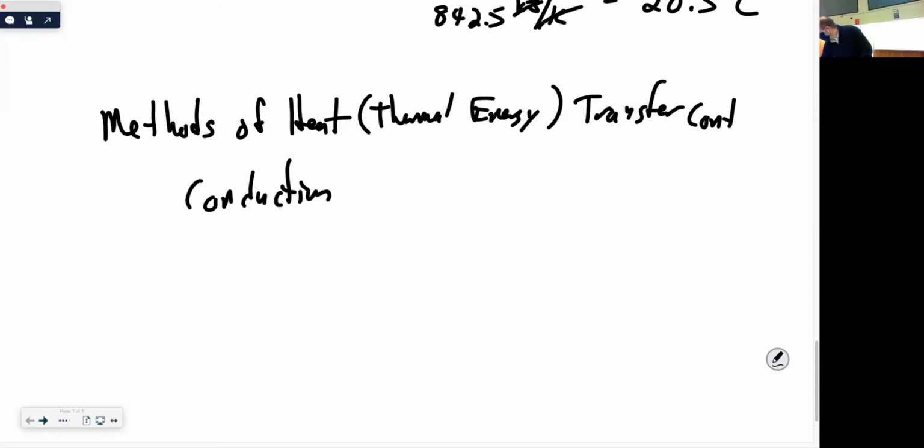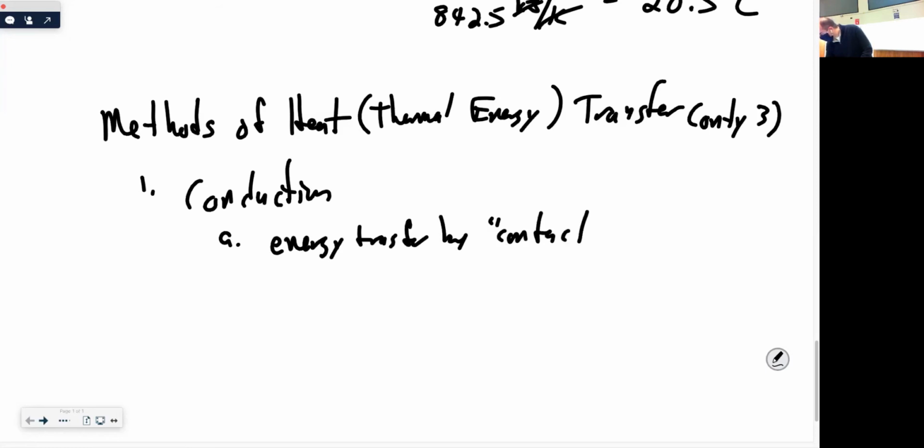Only 3. So 1, conduction. That's exactly right. Touching things together. This is energy transfer by contact. What's actually going on? You put a pot on a stove, right? An electric stove.